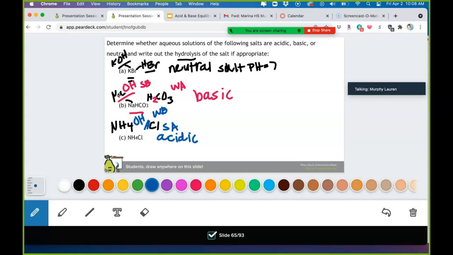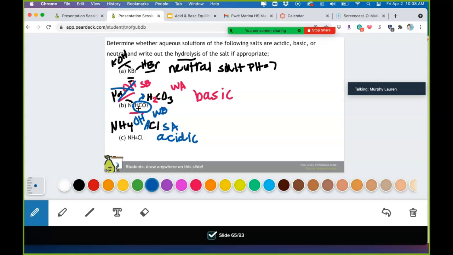So when you have, for example, in part B, a strong base and a weak acid, it's not the strong base part. It's the weak acid that causes this part of the salt, because that's the source, to undergo hydrolysis. And the reason is weak substances have strong conjugates.